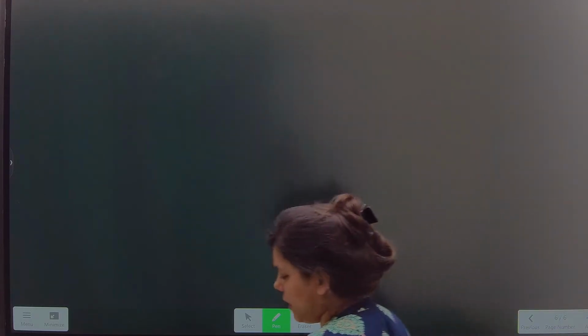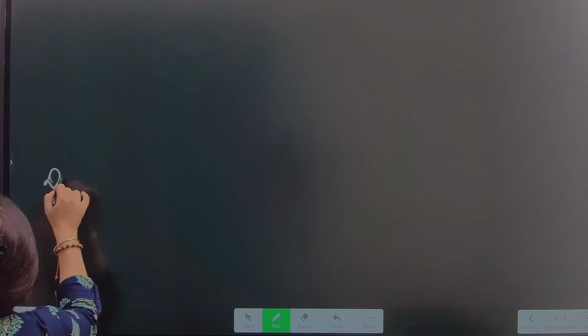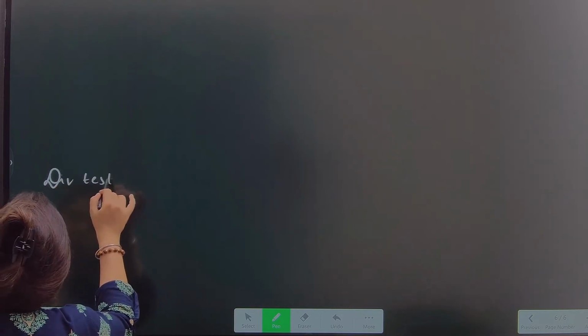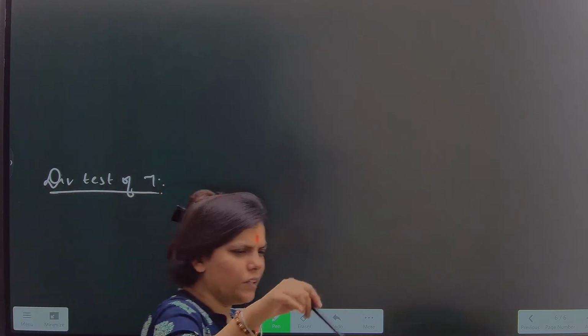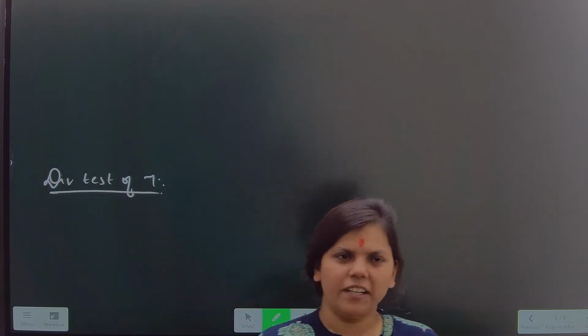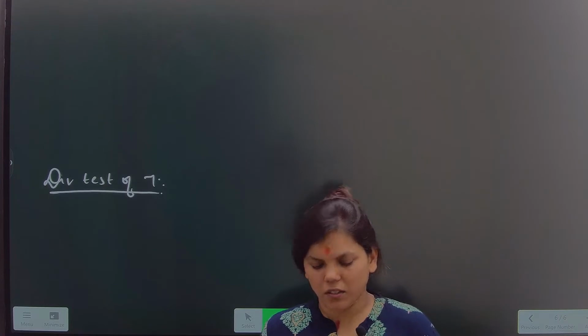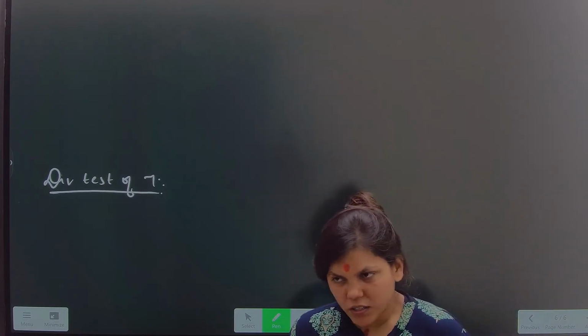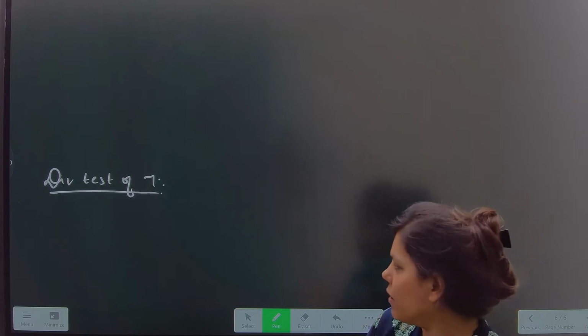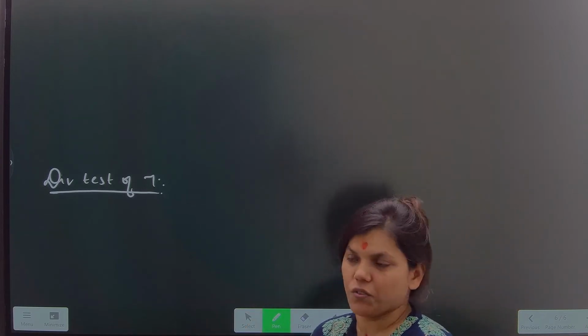Now, divisibility test of 7. Though the divisibility test of 7 is not given in your books, in the school syllabus it is not included. Still, for your knowledge, I'll tell you the divisibility test of 7.